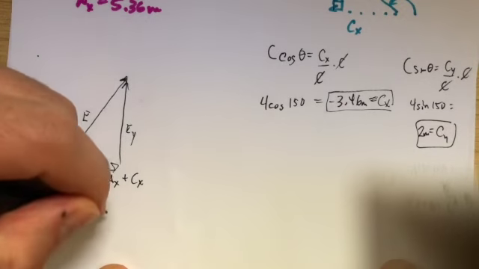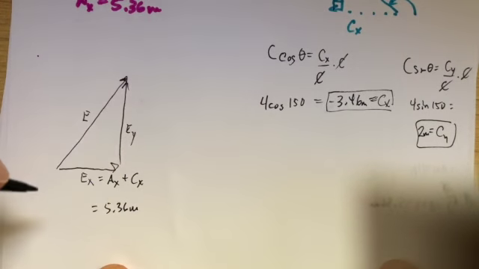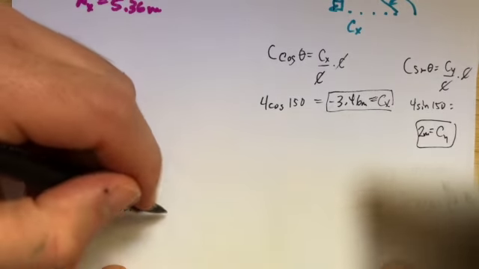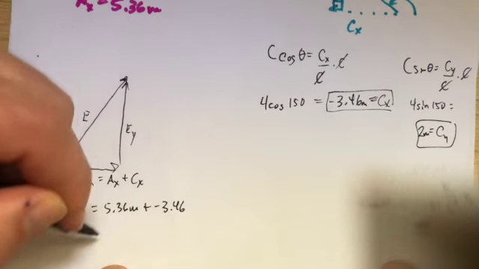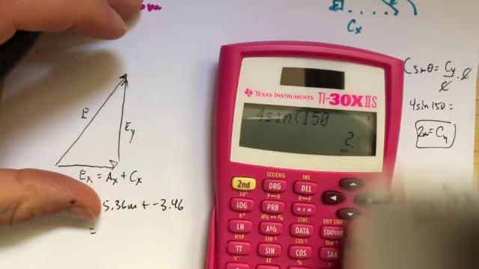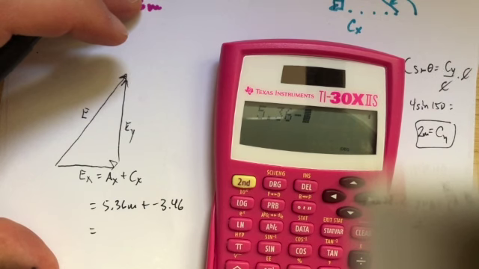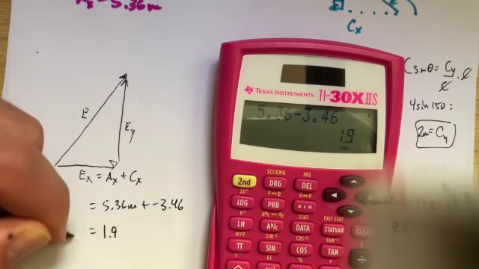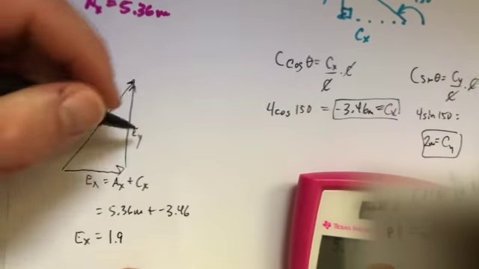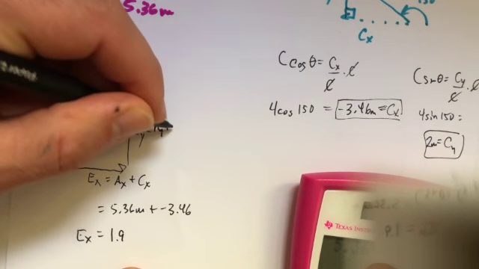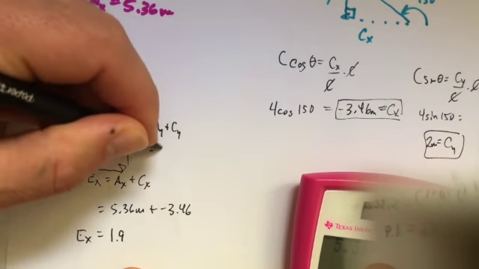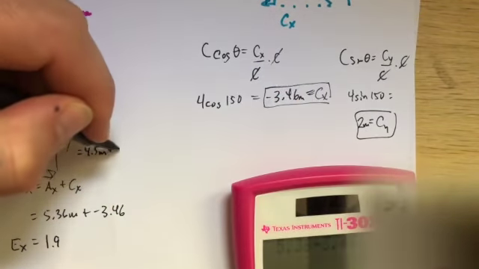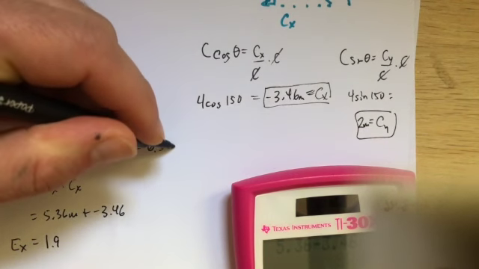And we get 5.36 meters plus, well, what was CX? CX was negative 3.46. So 5.36 minus 3.46 equals 1.9. So EX is 1.9. EY will be AY plus CY, and that's going to be 4.5 meters plus 2 equals 6.5 meters. That's EY.